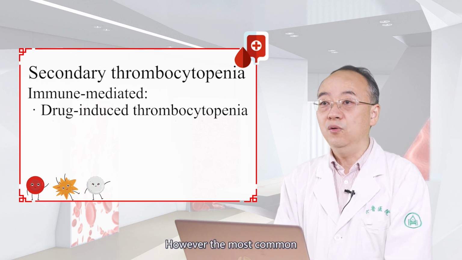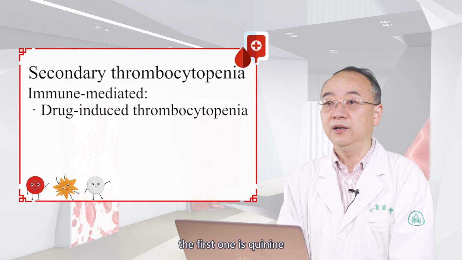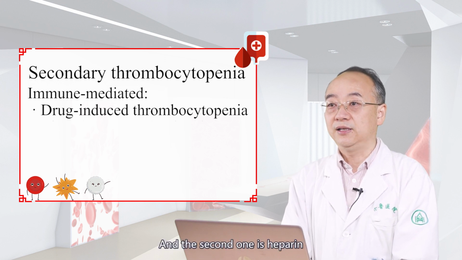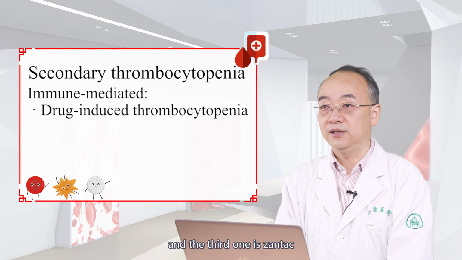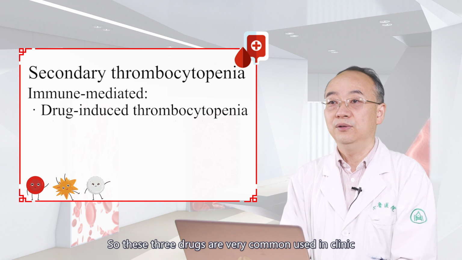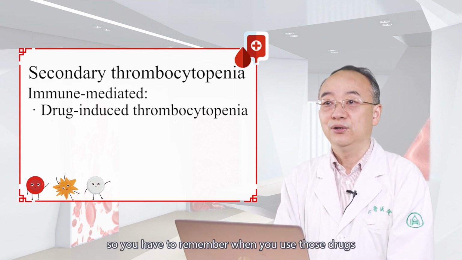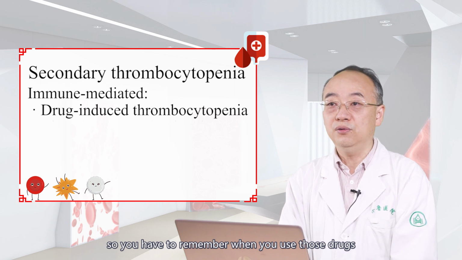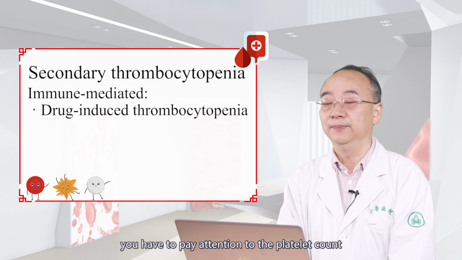However, the three most common drugs you have to remember are quinine, heparin, and Zantac. These three drugs are very commonly used in clinic. So when you use those drugs, you have to pay attention to the platelet count.